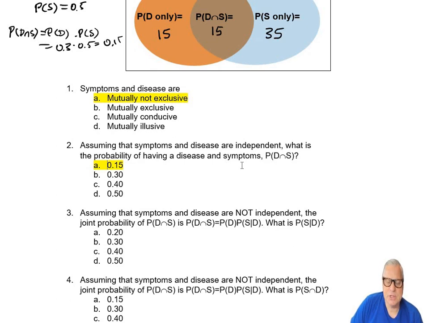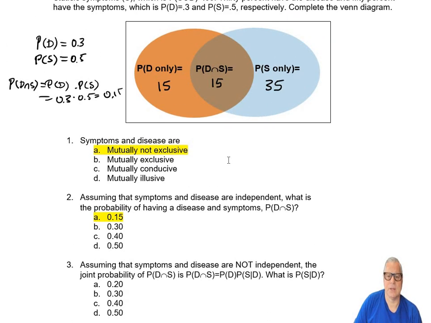Assuming that symptoms and disease are not independent, what is the probability of S given the disease? Okay, so given the disease is this bubble here.